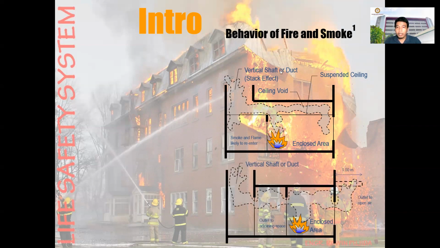Another illustration of the behavior of fire in a closed area. The smoke usually goes up through the vertical shaft or duct, outlet to adjoining space.